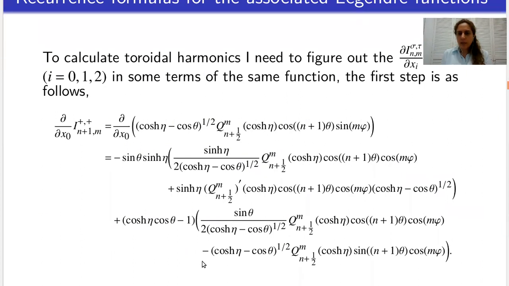Then I needed to get rid of the prime of the associated Legendre function. So I needed to use some recurrence formulas for arguments greater than 1 to get rid of this prime or of the other associated Legendre functions, to get terms of the same functions for these derivatives.